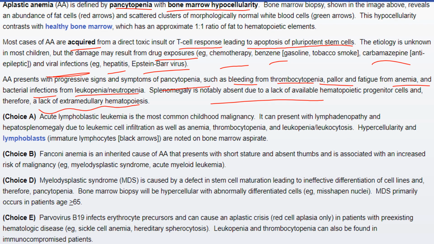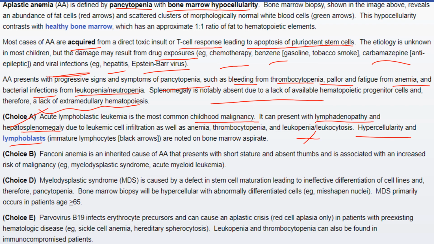Other options were incorrect. As in choice A, acute lymphoblastic leukemia is the most common childhood malignancy, but it presents with lymphadenopathy and hepatosplenomegaly, which were absent in this case, and hence was inappropriate. Also, the bone marrow aspirate reveals hypercellularity and lymphoblasts in such a case, but in this case the bone marrow biopsy reveals hypocellularity, and hence choice A was not the correct answer.